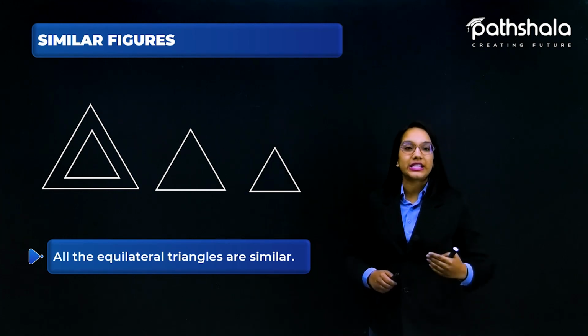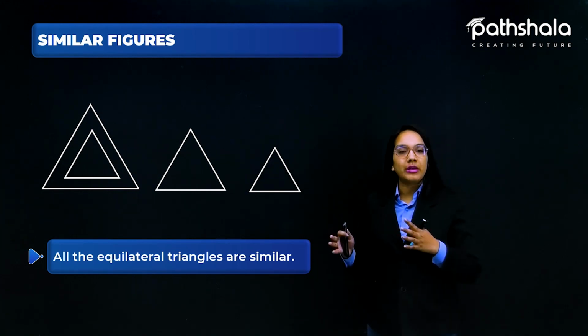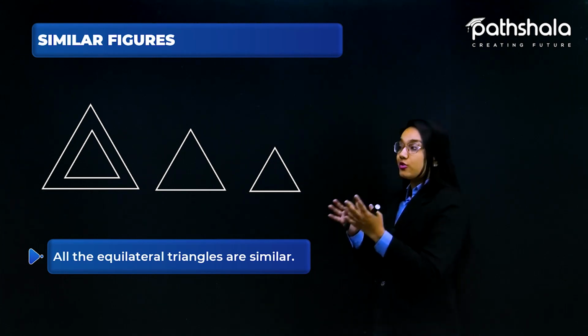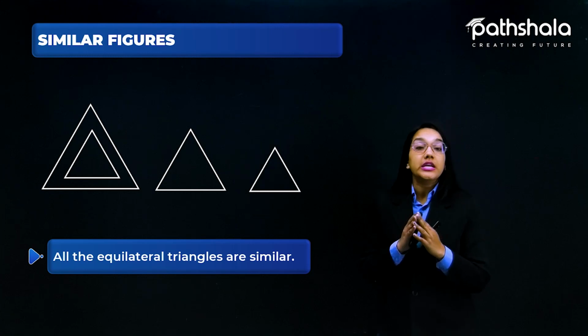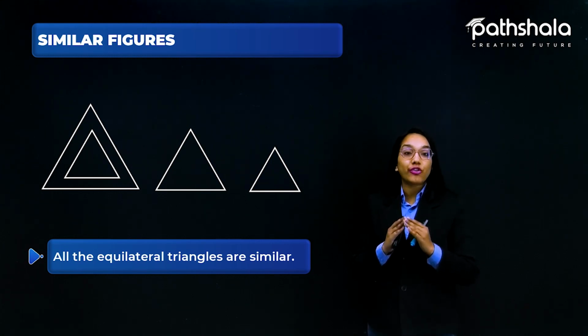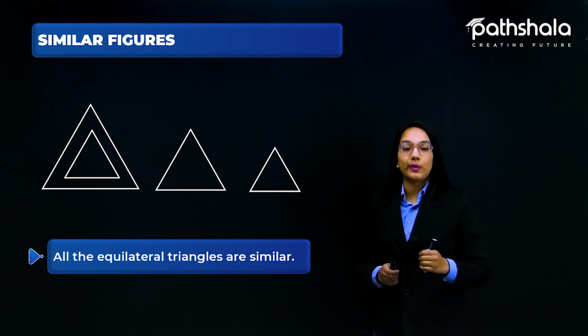In example number 1 we talked about circles, and now we are talking about equilateral triangles. They are of the same shape but not necessarily of the same size, so we can say such figures are similar to each other.